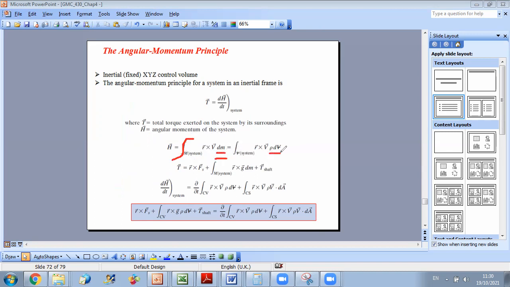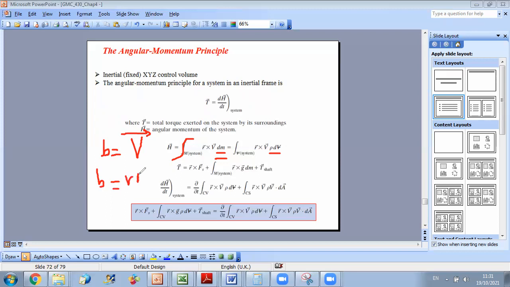Okay. So what does our equation become if we now apply the Reynolds transport theorem? Before, when we got the linear momentum equation, we set the variable b to be the velocity vector. Now we will replace b with r vectorial v.